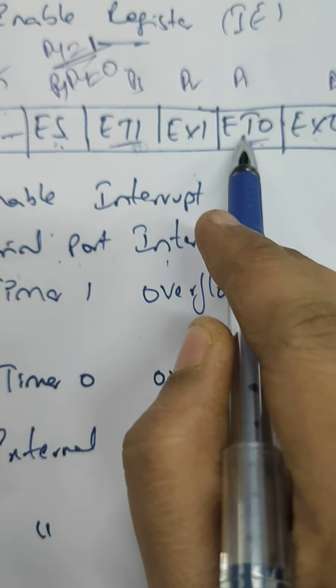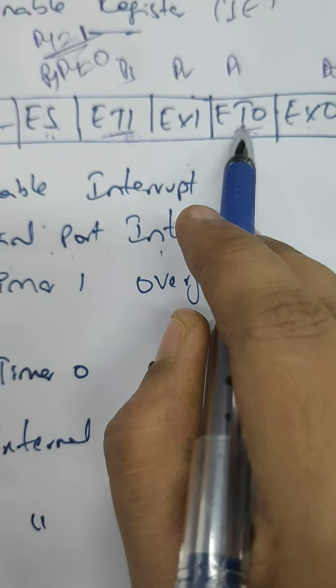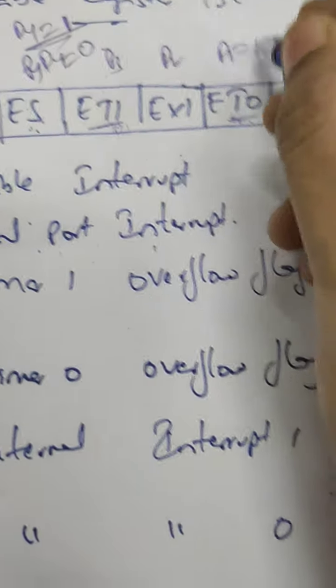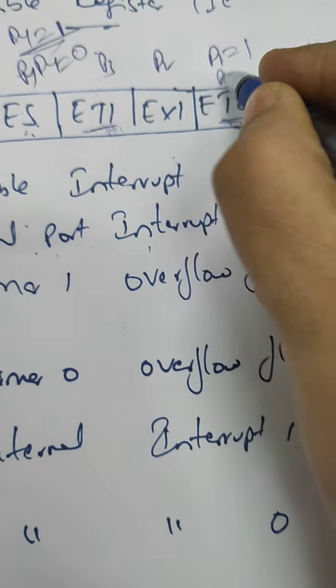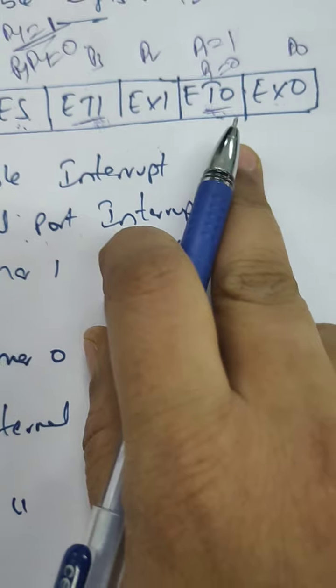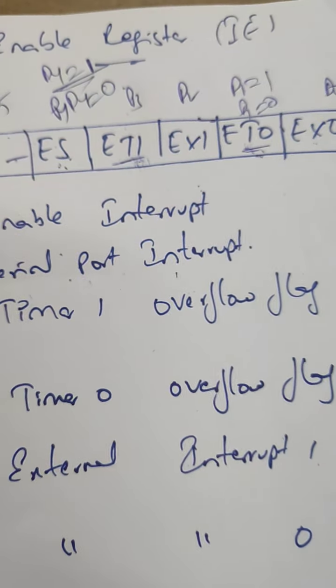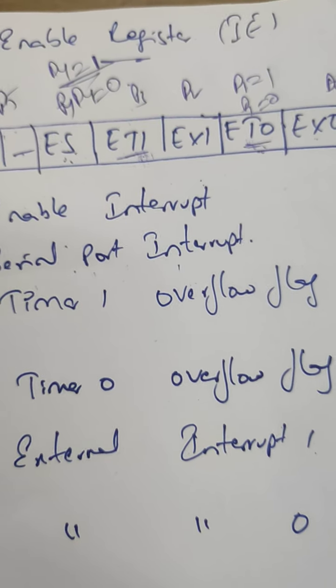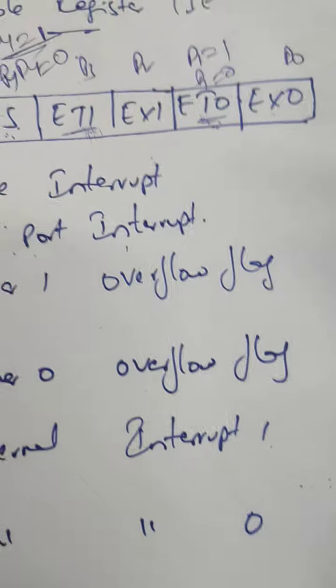Similarly, T0 is nothing but timer 0. If this bit is set to 1, it is enabled. If it is set to 0, it is disabled, which is the timer 0 overflow flag. You have to remember this one. Next, coming to EX1 and EX0. EX is nothing but external interrupts.